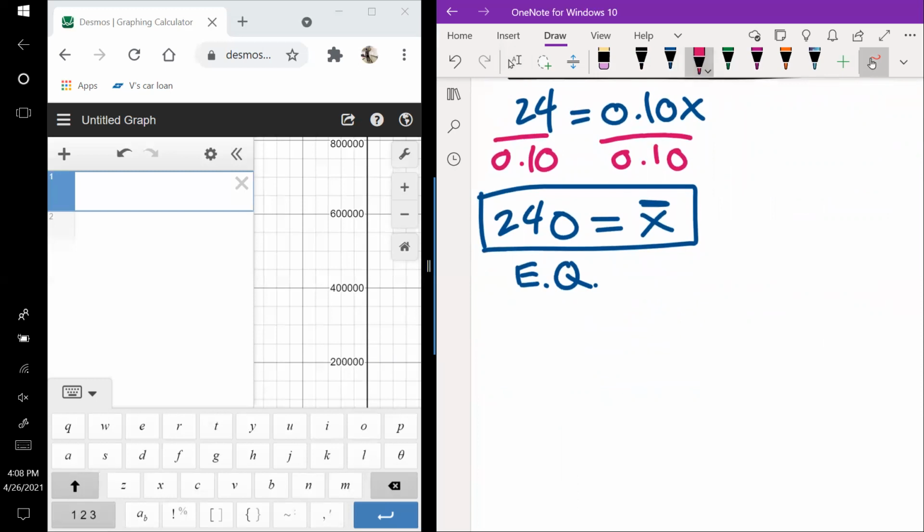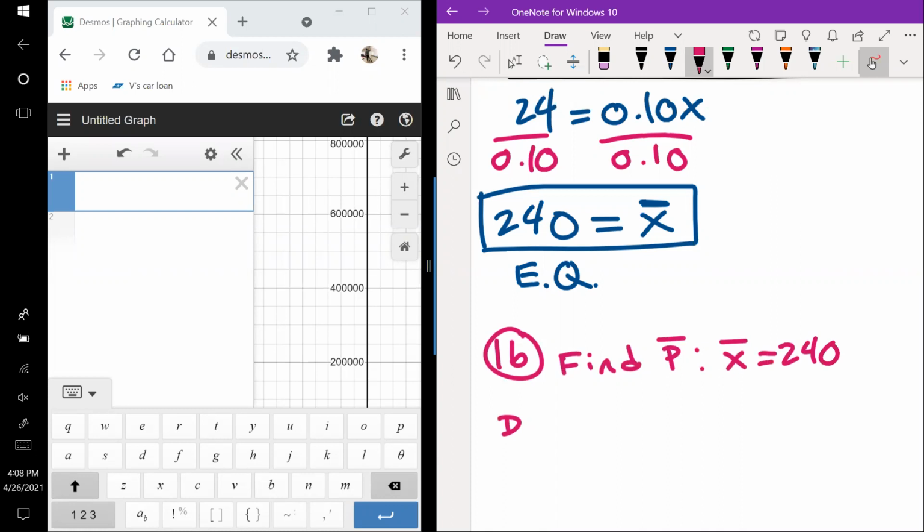So we'll say 1b. We'll say find p bar. So I'm just going to take 240 and plug it into d of x. I'll say find p bar when x is 240.